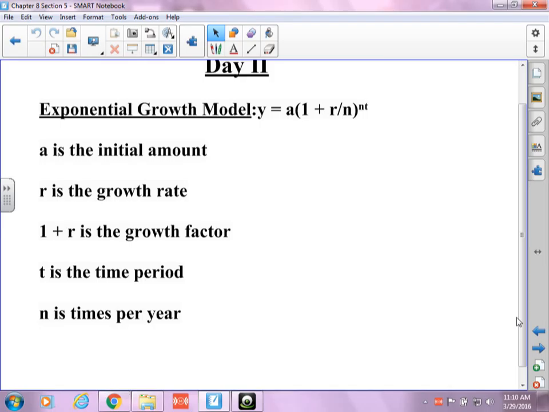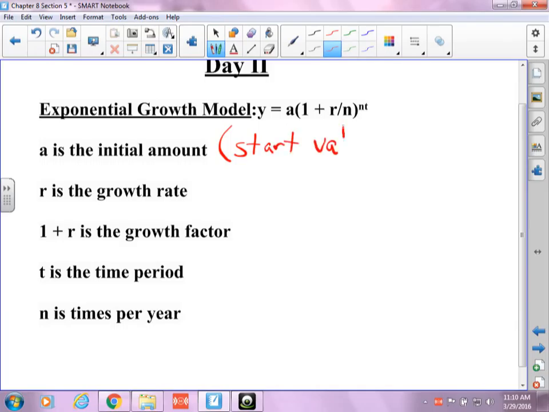The A is the initial amount. In other words, that's the start value, or in banking terms, it's called the deposit. It's the money that you're putting in your bank account, okay, or the amount that you're investing.